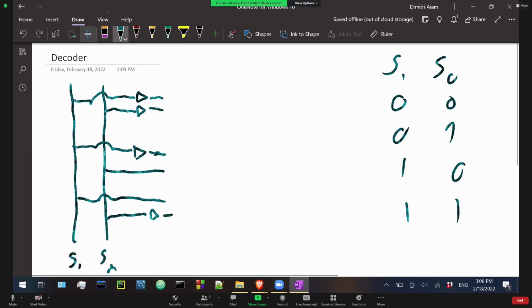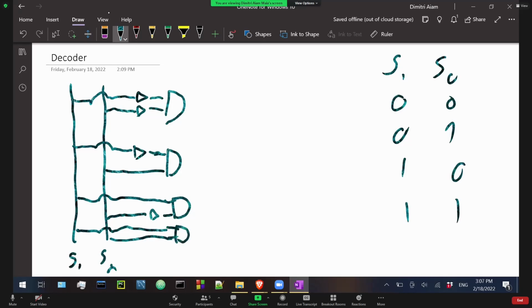And then both are true, both are 1. Now we plug all of this into AND gates. And all of this over here is our decoder. This is the basic structure of a decoder.